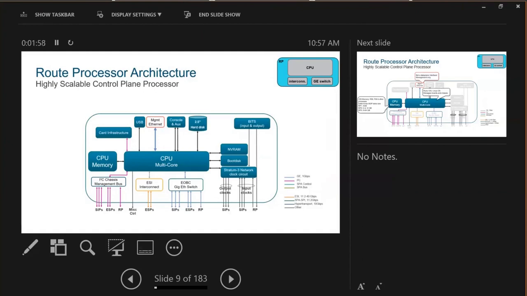So this is where the memory for the processor will be present. This memory will be allocated among multiple processes running on the RP, and this is also called DRAM. And we have USB options, as I was showing in the image earlier.